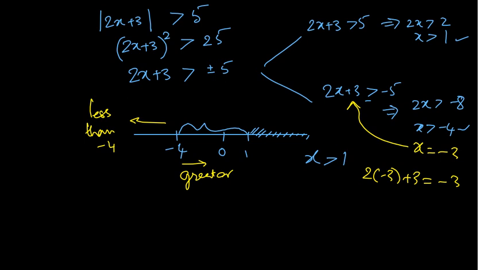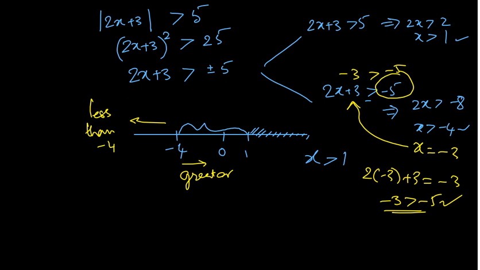Correct? But then, because we used minus 5 here, minus 3 is actually greater than minus 5, which is correct. This minus 3 is on the left side, and minus 3 is greater than minus 5, which is correct.